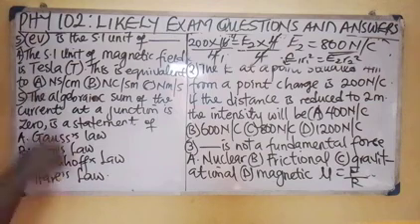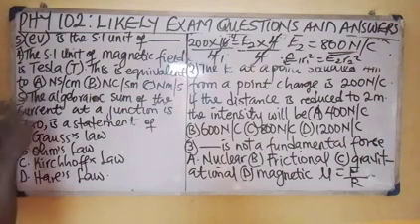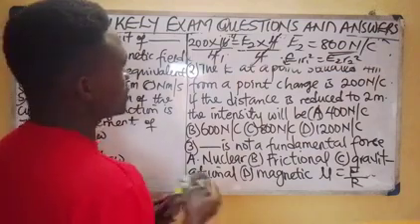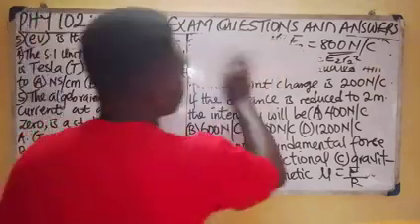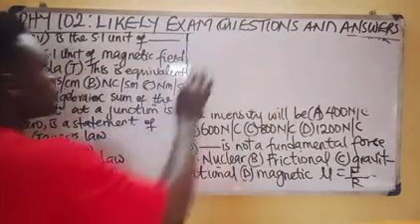The next question is, EV is the SI unit of dash, without options. EV is the SI unit of dash, okay? Now, EV is electron volt, all right? EV stands for electron volt.